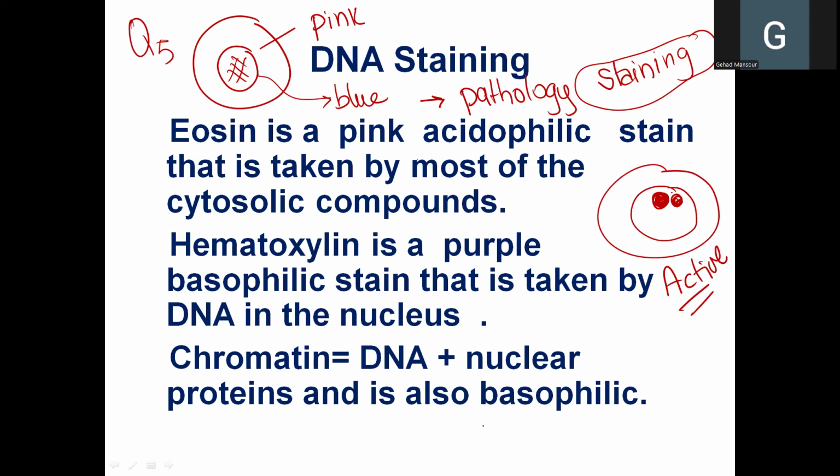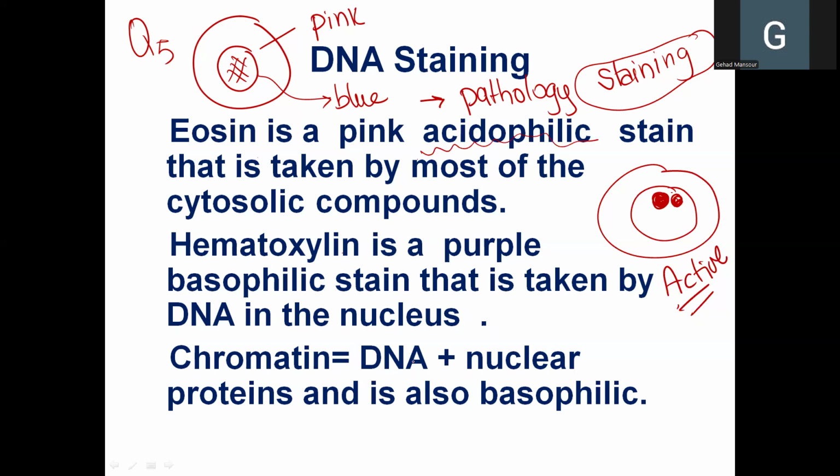It is the stain. Most of the cytosolic compounds, like proteins, for example, take in more of the eosin stain, which is an acidophilic stain, and that appears pink.